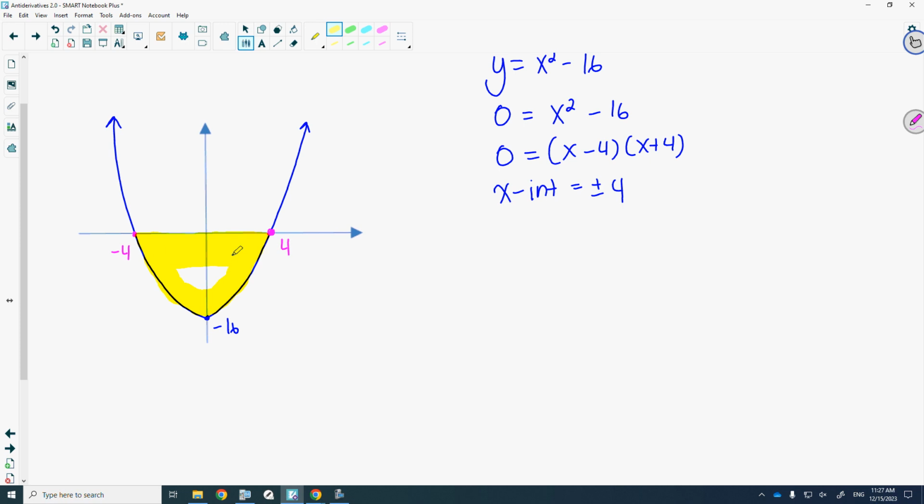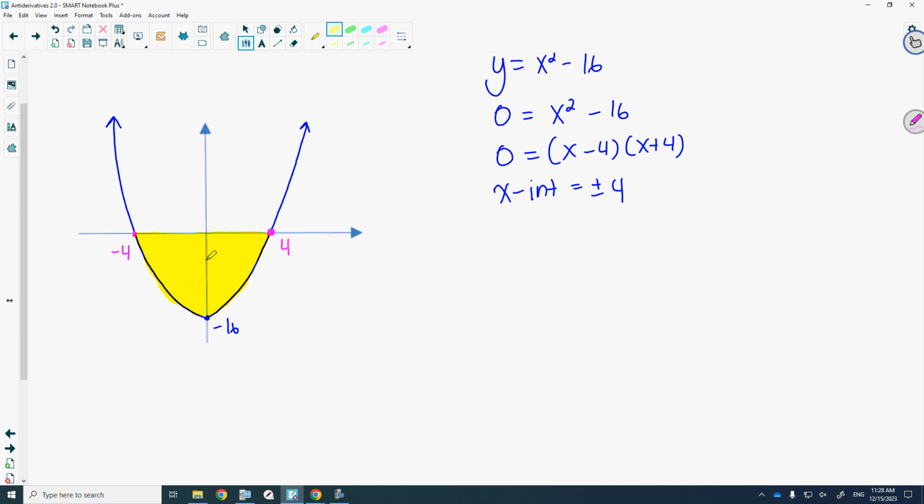Everything is below the x-axis. So because they use signed analysis, it's going to give us a negative answer. So basically, what do you think we're going to do to our answer if I want total area? If they say, let's say this is -15 units squared, what answer would I want? 15 units squared.